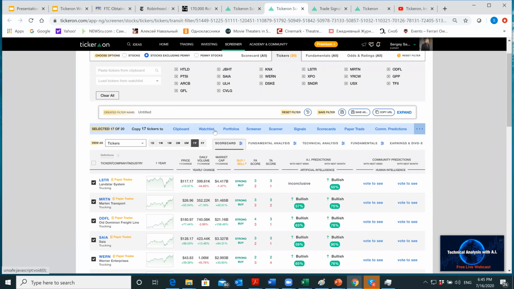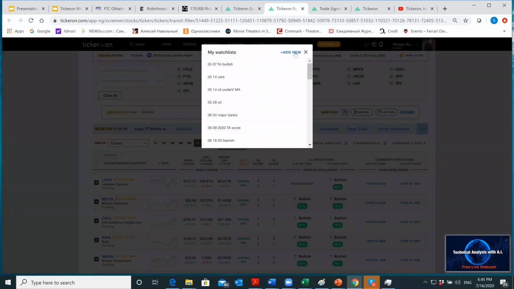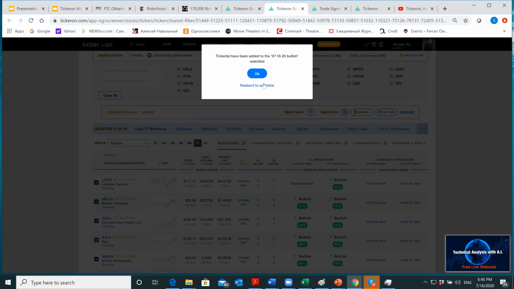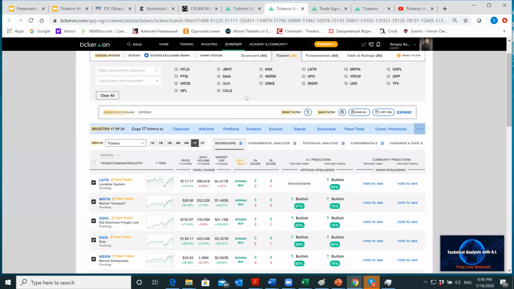And again, I go to this blue field and I click here and add new. And what I can do is type 07, 16, 20, bullish analysis, okay? Click OK, watch list is created.